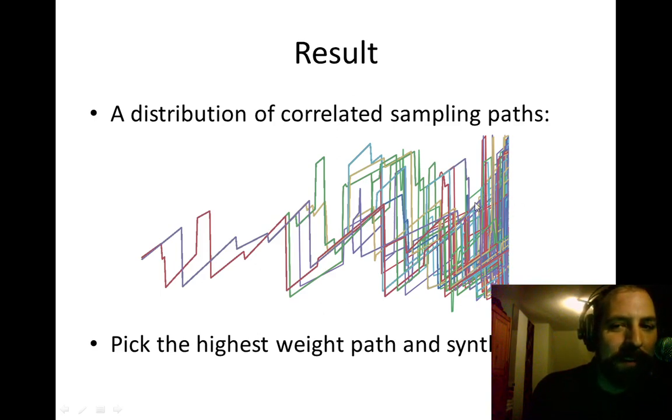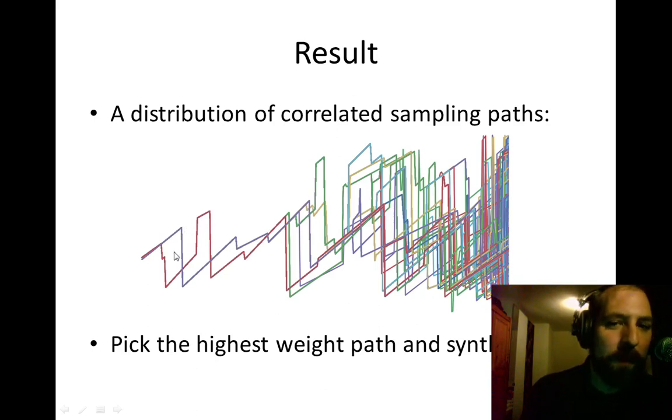time of the sequence you're generating, you have a lot of diversity, but because of the resampling process, most of the paths derive from very few sampling paths in the beginning of time.